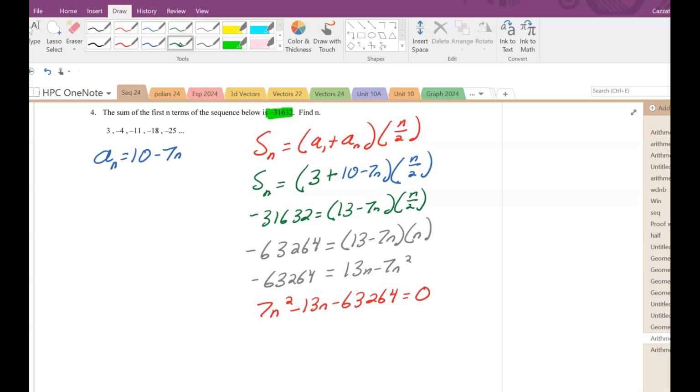So n is equal to the opposite of b, so 13, plus or minus the square root of b squared minus 4ac, all over 2 times a.